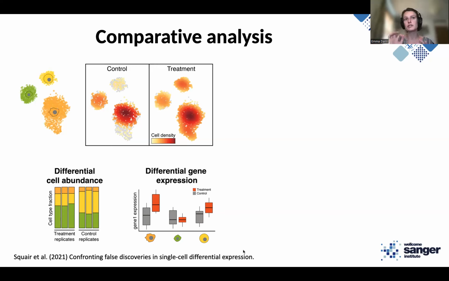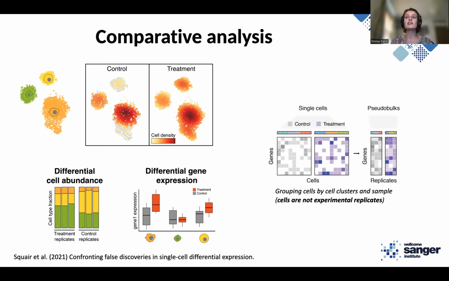One important point that I wanted to take away from how you think about comparative analysis in single cell genomics is that the units that we use for comparative analysis are no longer cells. As you can see here, we're actually grouping cells by clusters, cell type clusters, and samples.